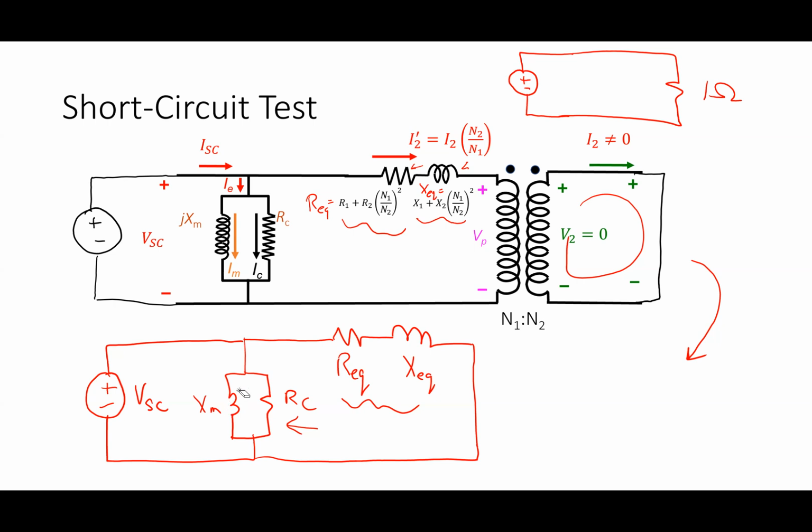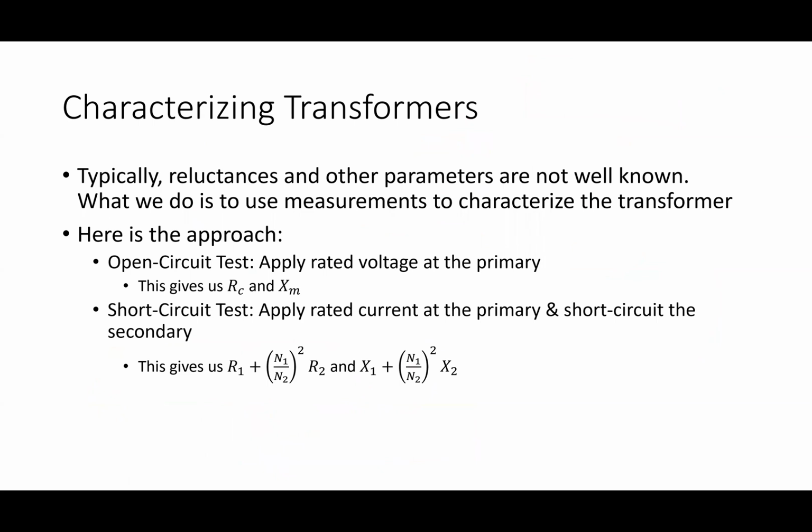So basically, in that test, I've got this scenario where my current is only flowing through REQ and XEQ. That's why I summarized here: the open circuit test gives us RC and XM, and the short circuit test gives us these other two, REQ and XEQ. So problem 2 on the homework goes through this analysis.